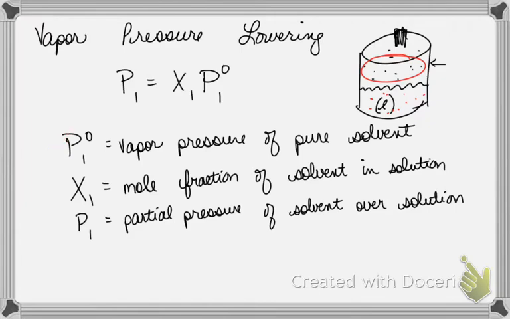It's partial pressure because when you dissolve something in the solution, you've got more than one species contributing to the vapor pressure. Like in air, you've got nitrogen, oxygen, and other gases.